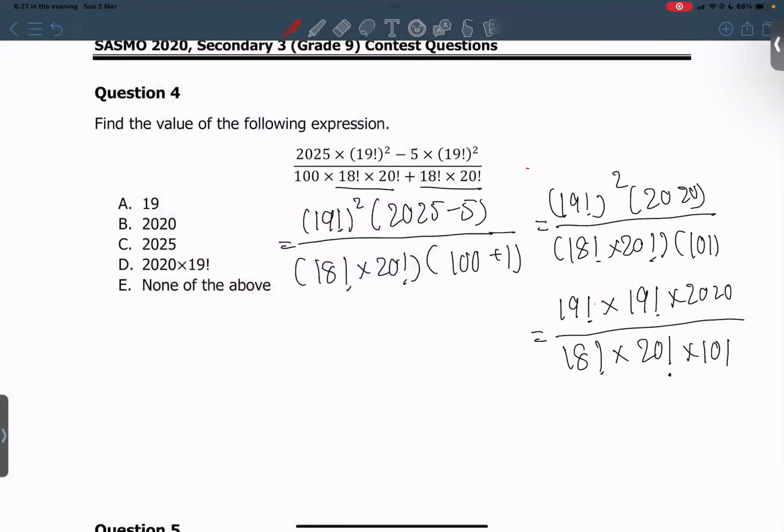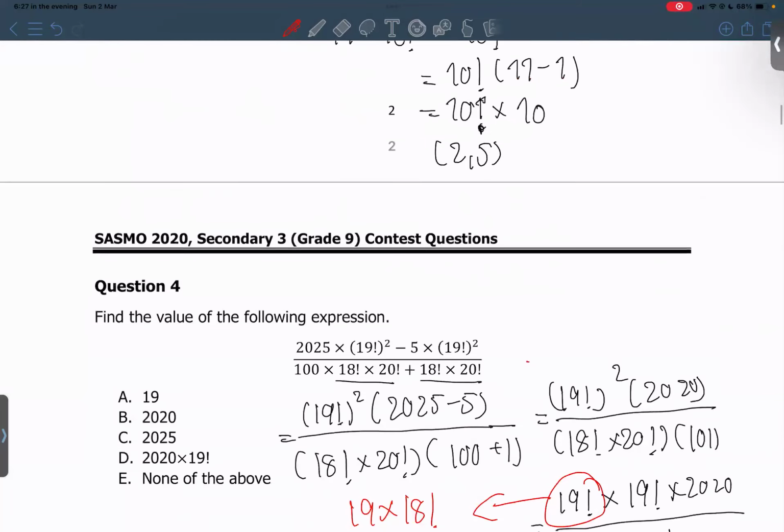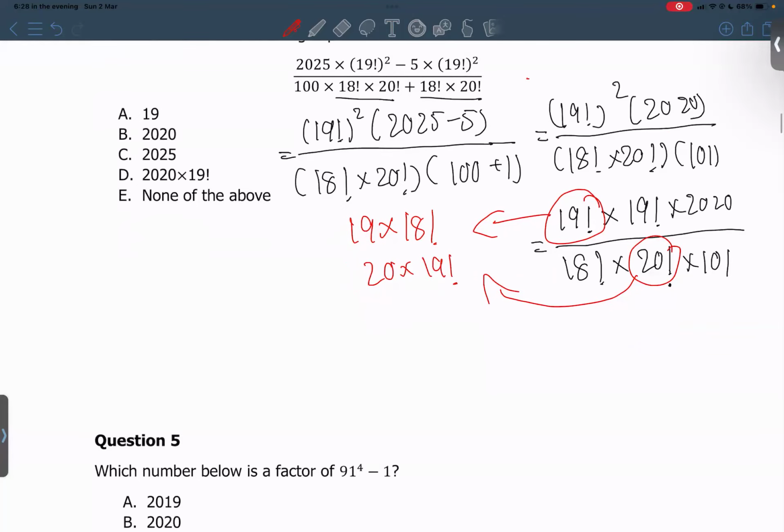Okay, so this 19 factorial, you can write it as 19 times 18 factorial, like what we did up here. And for this 20 factorial, you can also replace it by 20 times 19 factorial. So you can just replace both values back inside.